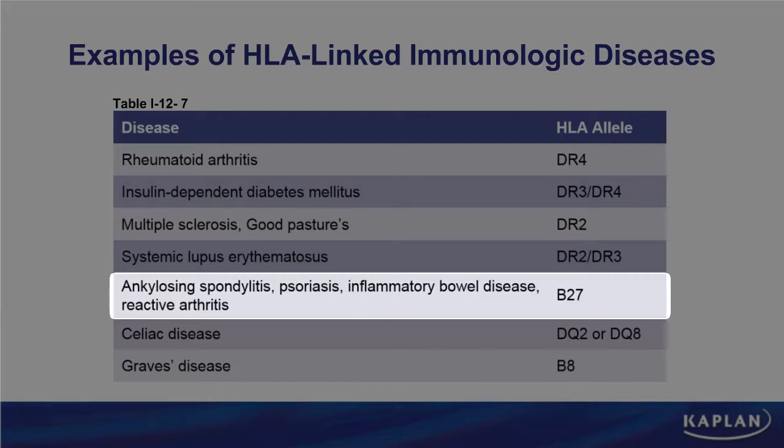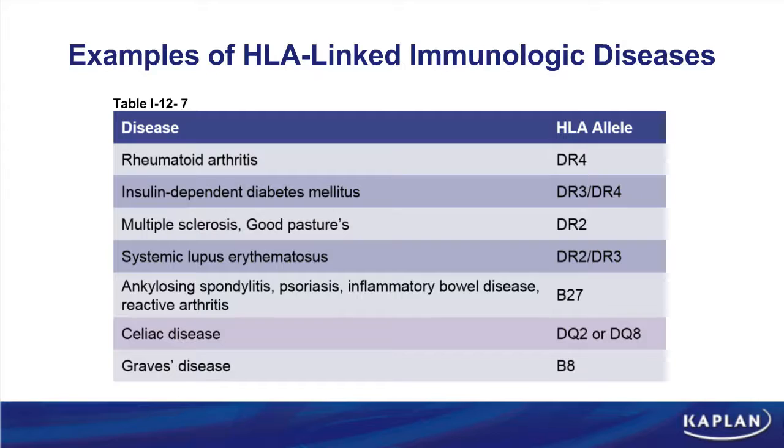In general, DR2, 3, and 4 are not alleles you would want to get in a lottery of HLA alleles, because a lot of those have autoimmune disease associations. So again, don't memorize, just be familiar with. But if I was going to memorize one, I would pick B27.